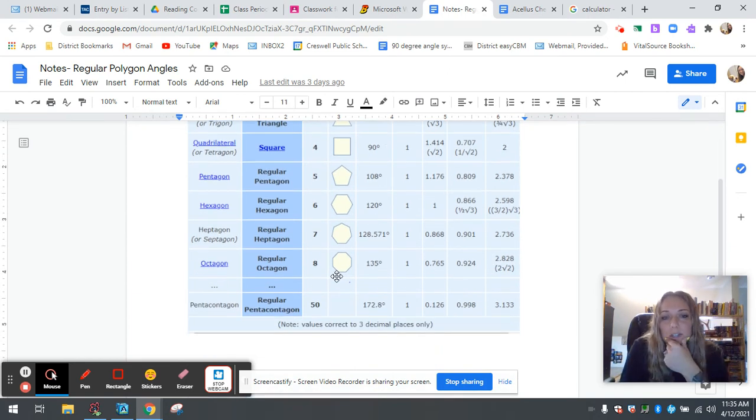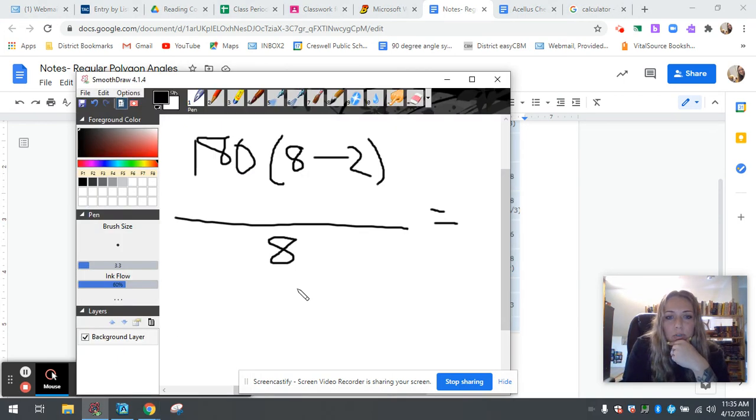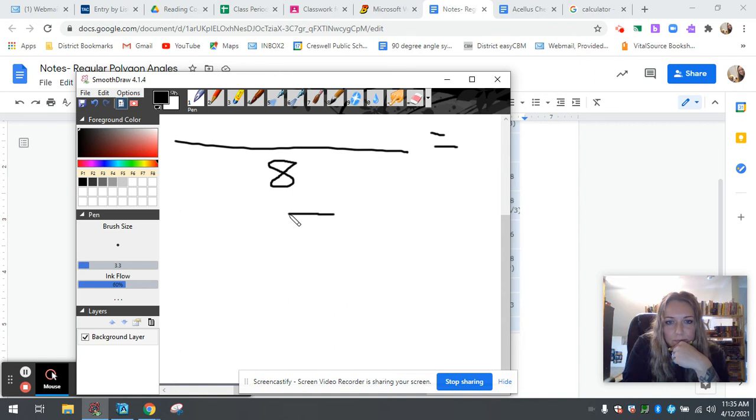So the interior angle is, I don't have a pointer here, so let me draw an octagon. I'm trying to draw it perfect. An 8-sided regular octagon. Pretend all of these sides are the same length. Perfect.